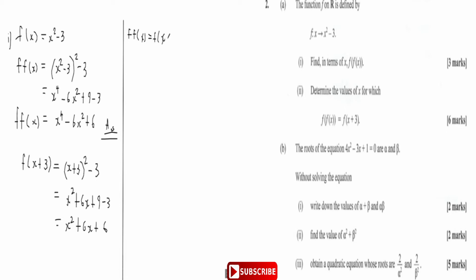As we know, f of f of x is x to the 4th minus 6x squared plus 6, and we're setting it equal to f of x plus 3. F of x plus 3 is x squared plus 6x plus 6.